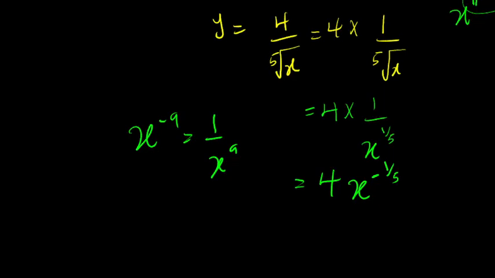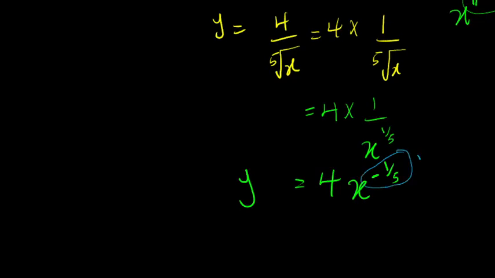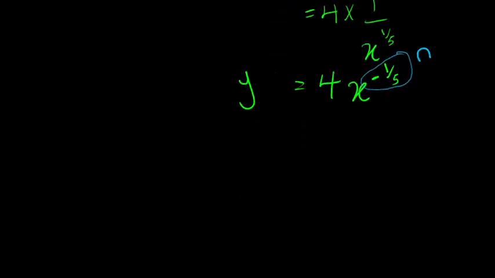So now y is this, and from here, this is our n. Our n is minus 1 over 5. So to find dy dx, don't forget this 4 is a constant. You put it at one side.